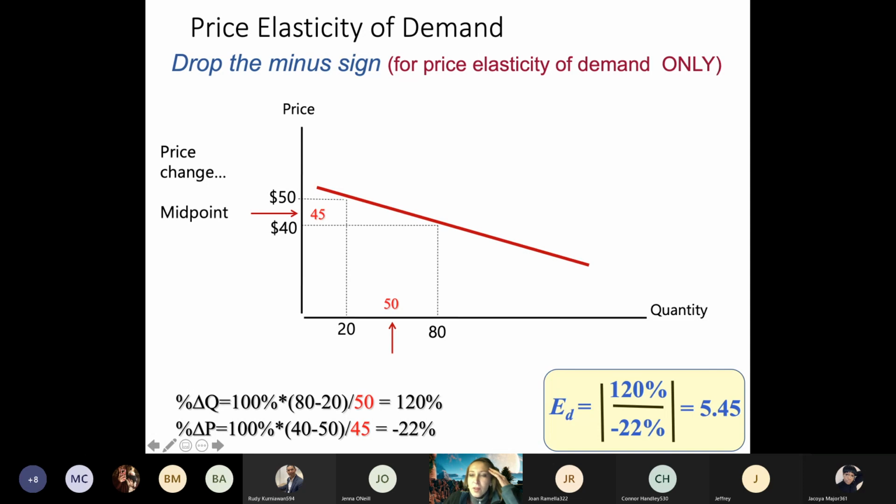And in fact, there's one more thing that we can do. Instead of treating it as a negative number, we can just take the absolute value of the elasticity, because we know as economists that it's always negative. Yet we just want to make our lives simple. But then don't get confused. It only applies to price elasticity of demand.